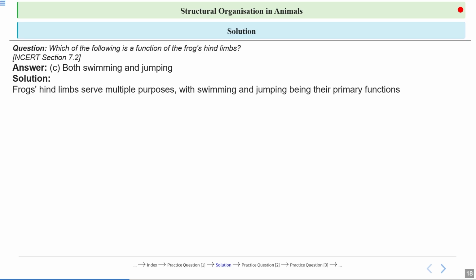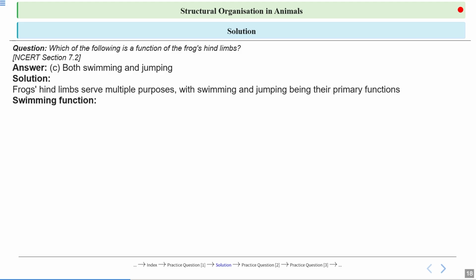Frog's hind limbs serve multiple purposes, with swimming and jumping being their primary functions. And why are they responsible for swimming? Can you think about it? Between the digits of their hind limbs, they have membranes, right? That helps in swimming.